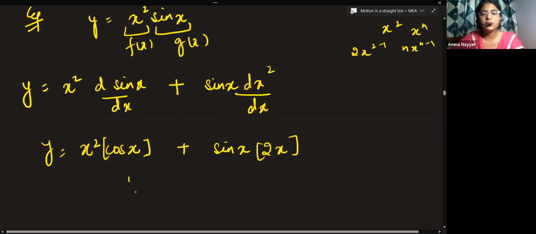If you've forgotten, this is how we write n x to the power n minus 1. So what's the final answer? The final answer is x square cos x plus 2x sine x. This is your answer. That's how you apply the product rule.